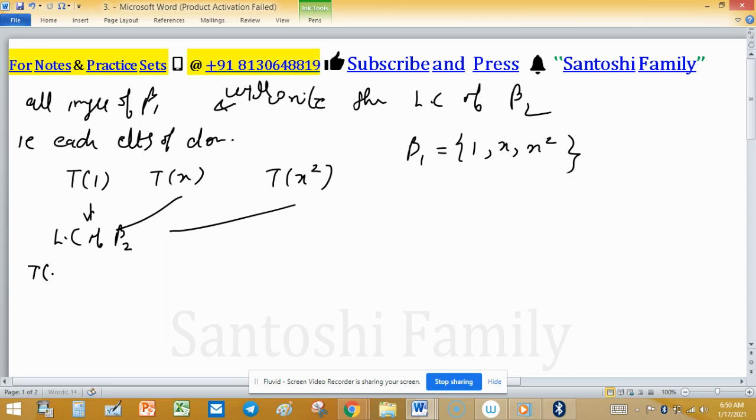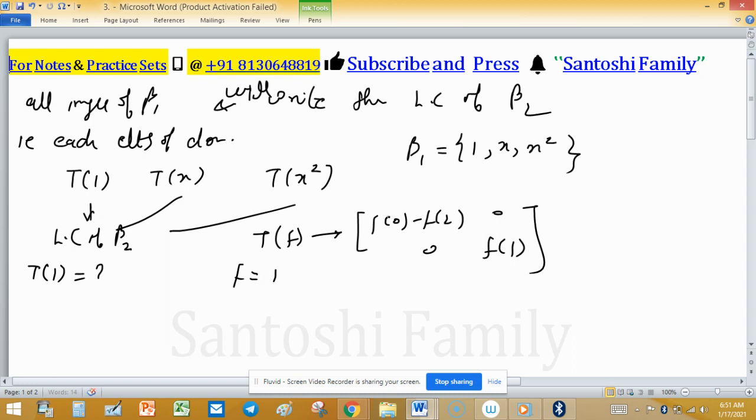First I am going to find T(1). Here f is 1, and T sends f to the matrix with entries f(0), f(2), 0, 0, and f(1). So we need to find f(0), f(2) and f(1). This is a constant function, so f(0) is 1, f(1) is also 1, and f(2) is also 1.